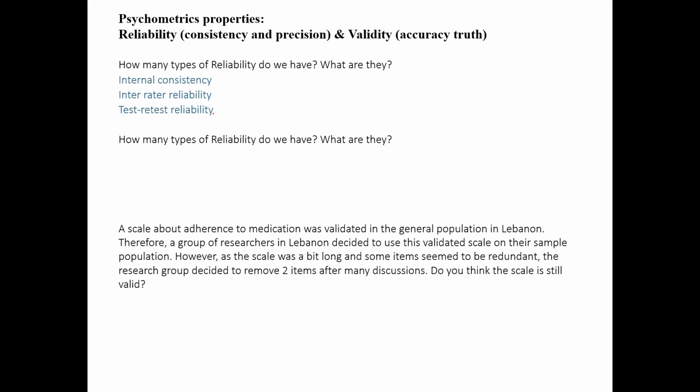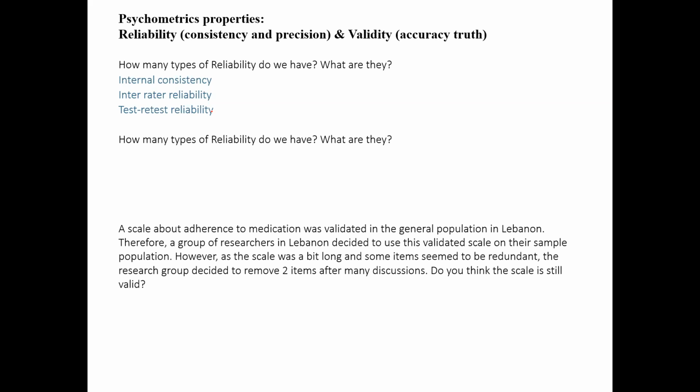The third one is something that you are all more or less familiar with. Test-retest reliability: I give a test to a person at a certain time, then after a few weeks, I re-administer the same scale to the same person, and I make sure that the results are going to be the same.